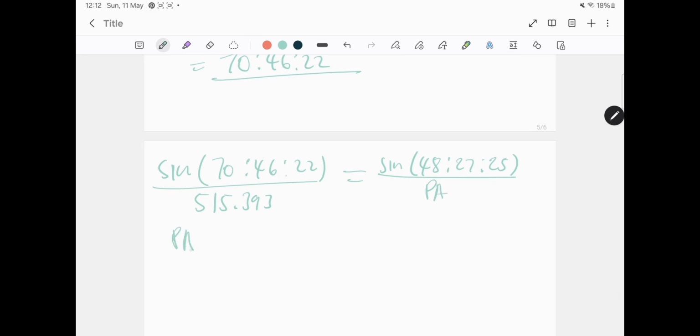So when you solve here, we're getting our PA as what? As cross multiply. I won't write it down, I'll just punch it in a calculator to save time. So it's 515.393 sine 48, 27, 25 over sine 70, 46, 22.